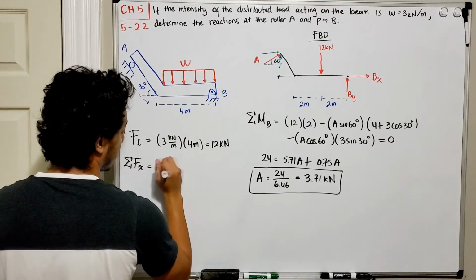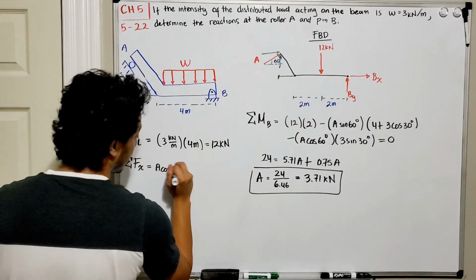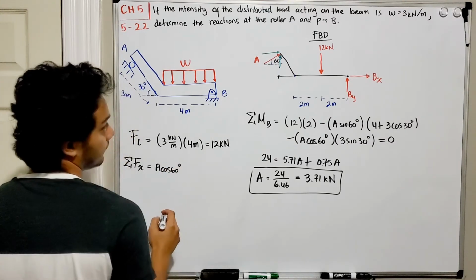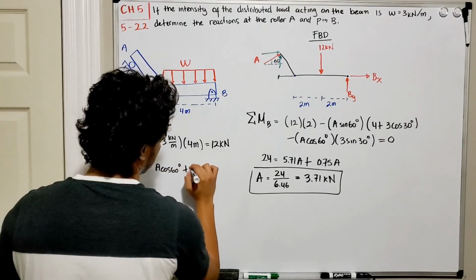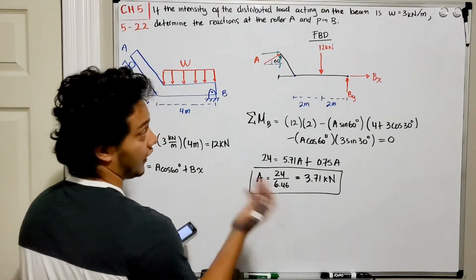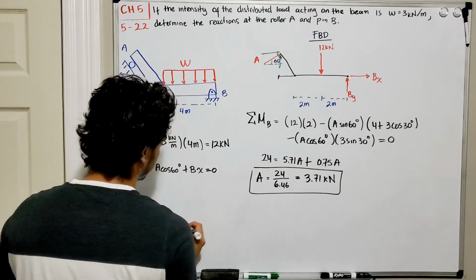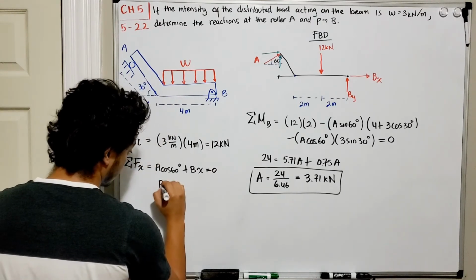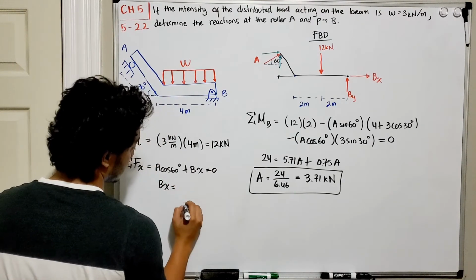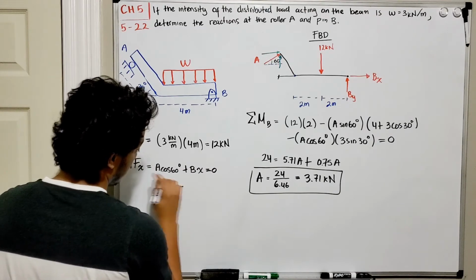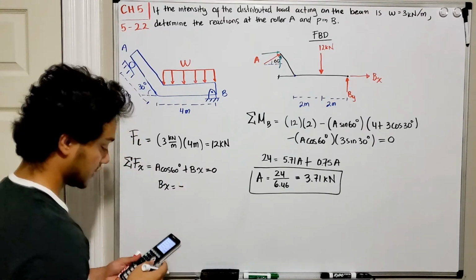So I'll have A multiplied by the cosine of 60 degrees. Plus Bx. And I have nothing else in my x direction, so this should be equal to 0. So I'll end up that Bx is equal to negative A multiplied by the cosine of 60.